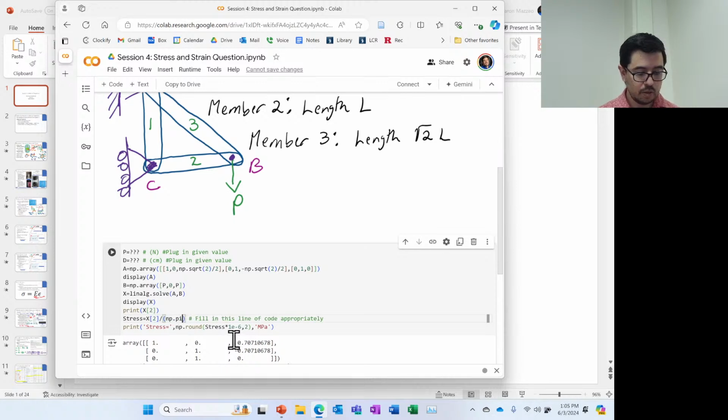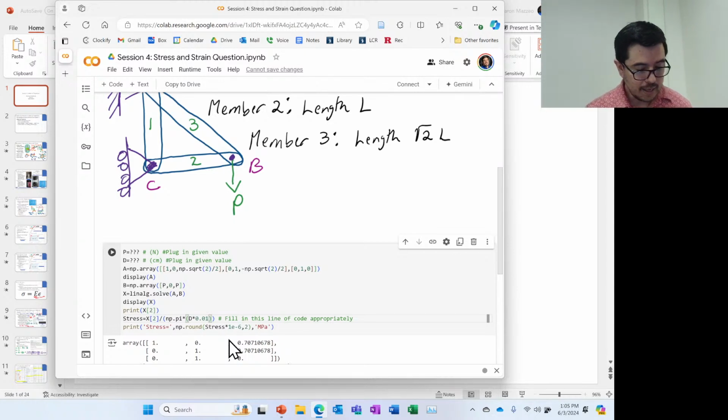So this is where it gets a little bit confusing. Because I had D in centimeters, and I want to be careful here, what I really should do is D times 0.01. That will give me the diameter in meters.